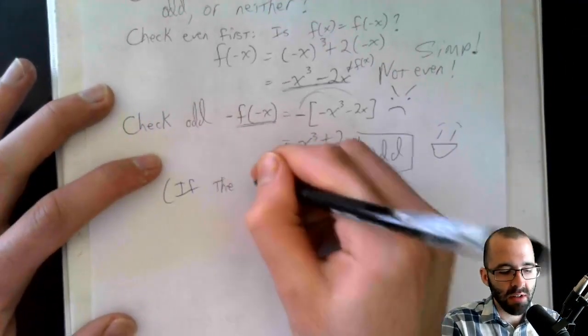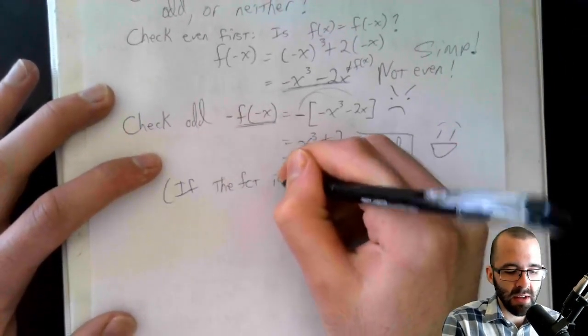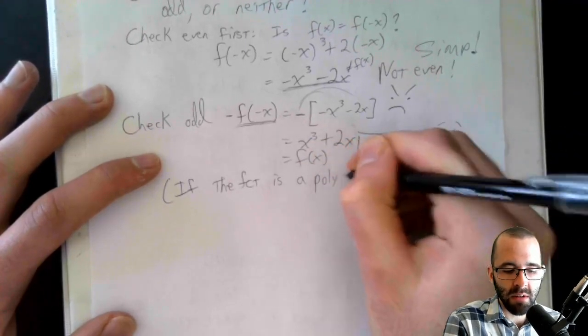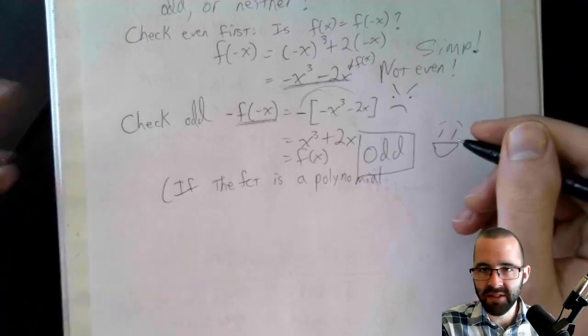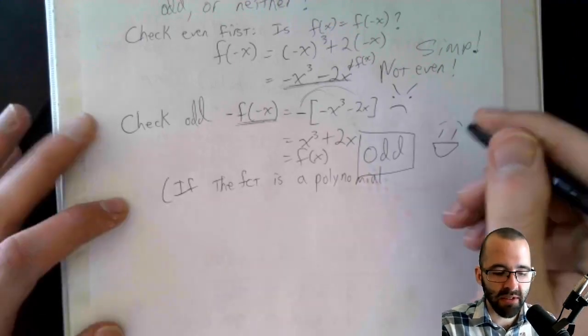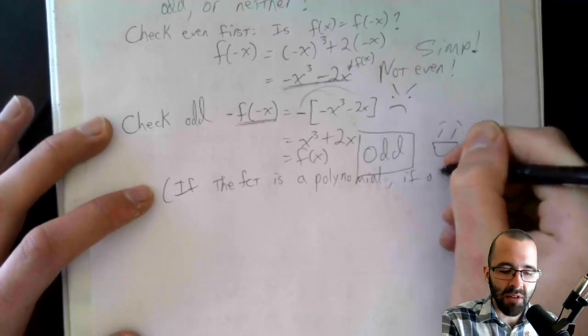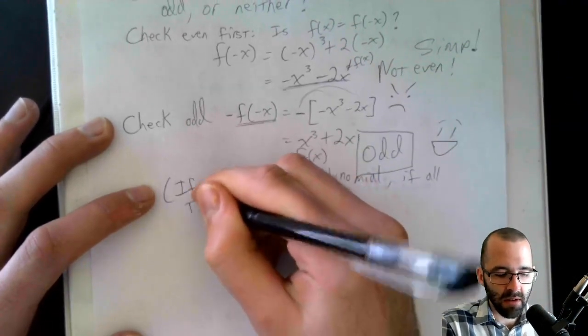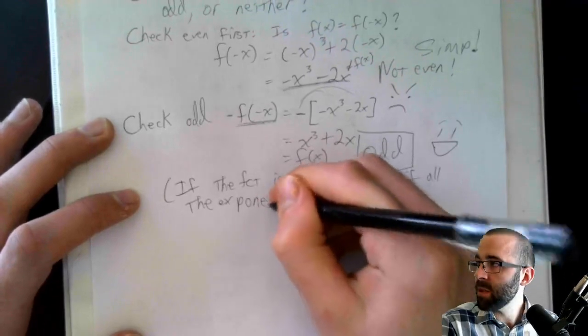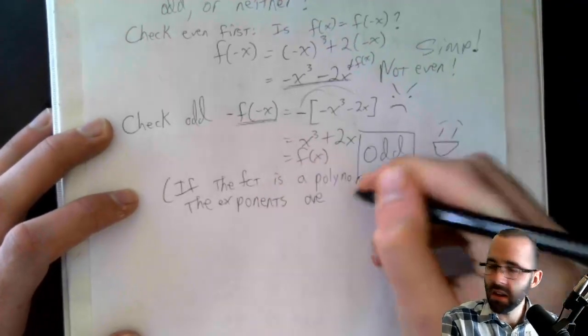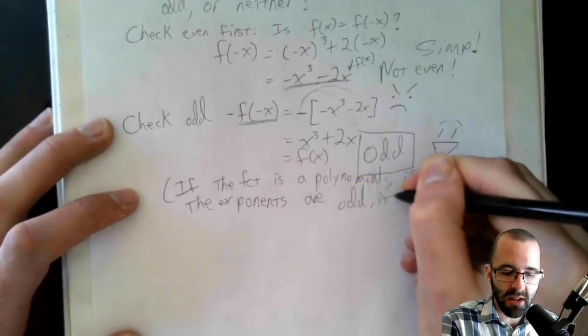If the function is a polynomial, so like x squared, x cubed, x to the fourth, stuff like that. If all the exponents are odd, it's odd.